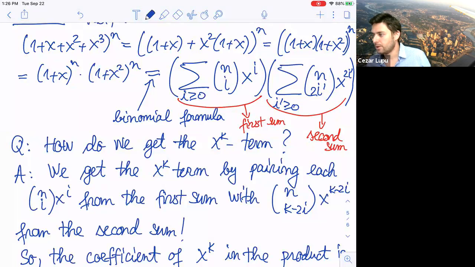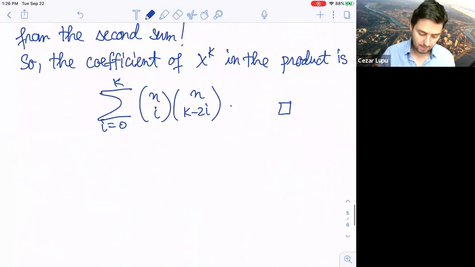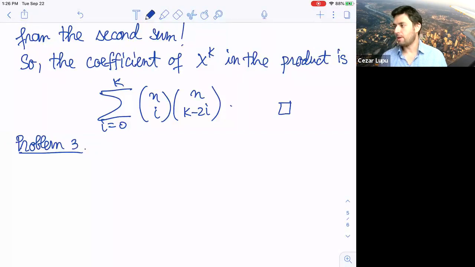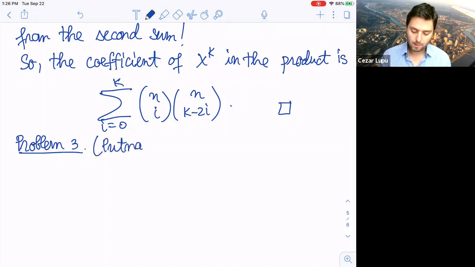It was in my algebra because it uses binomials. The problem says the following. Okay, here we go. So problem 3, this was a Putnam B2 2004.